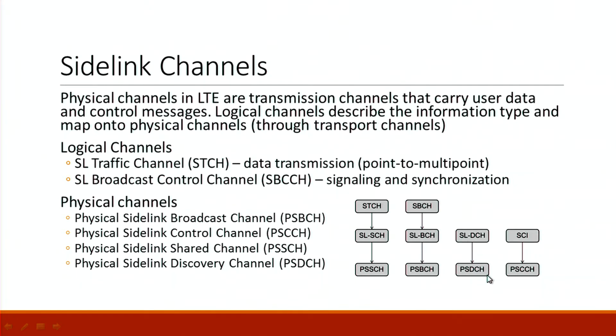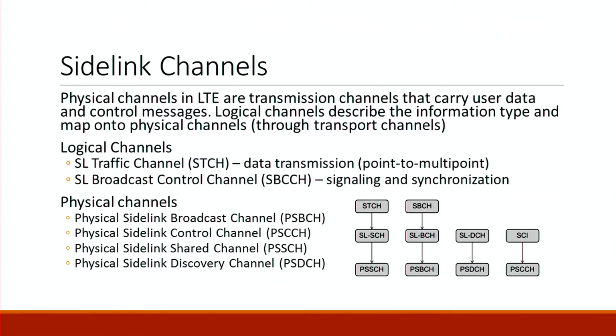And then there are two more physical channels. There's the physical side-link discovery channel, where the discovery happens. So the resource blocks used just to perform discovery, as I've explained just now, and a physical side-link control channel, where you send control information to monitor the quality of the communication.